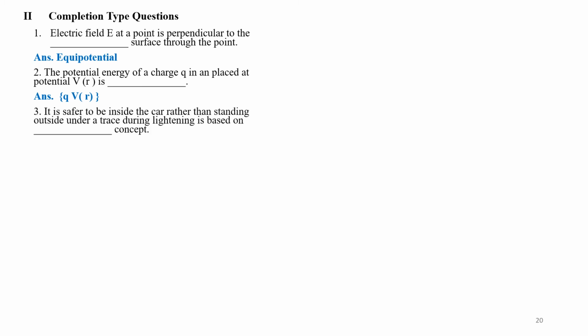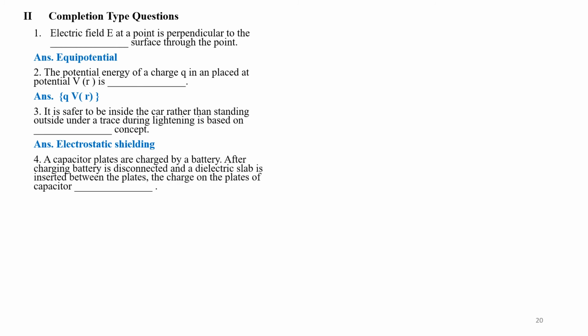It is safer to be inside the car rather than standing outside under a tree during lightning. This is based on the electrostatic shielding concept, because inside there will be no electric field, hence it is safe to sit inside the car.